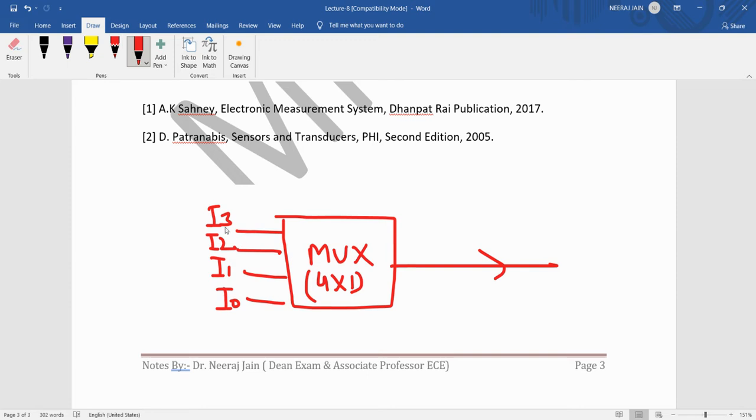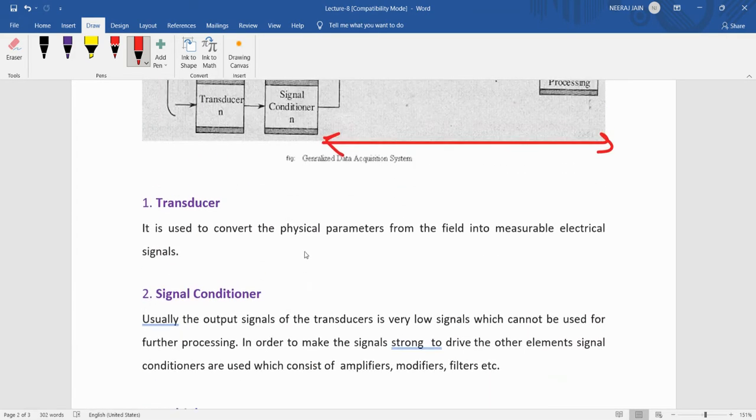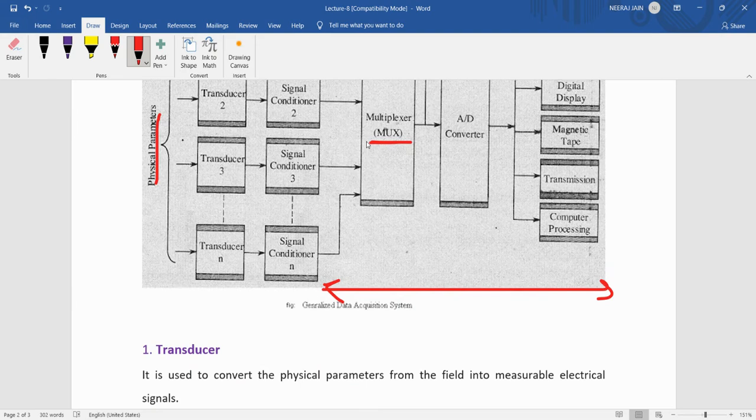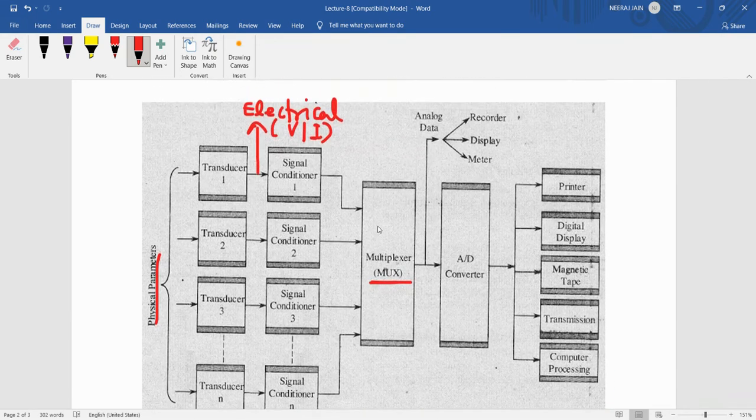One by one the input is selected. First I0 is selected and comes at the output line, then I1, then I2, then I3. The role of the multiplexer is to select one input.